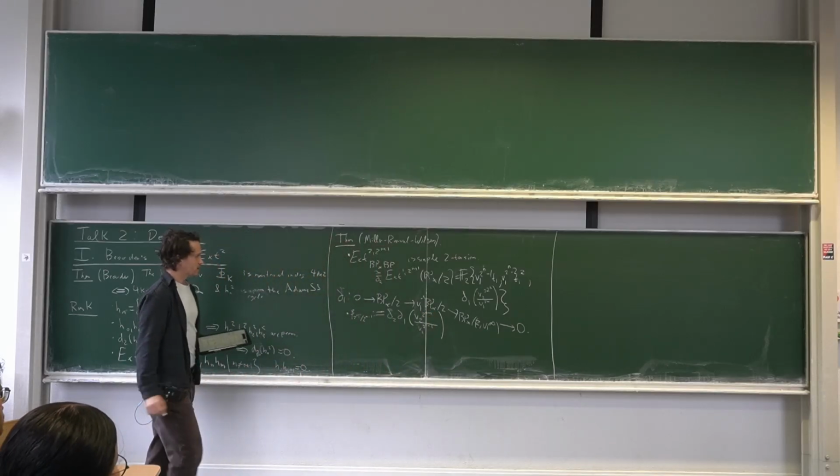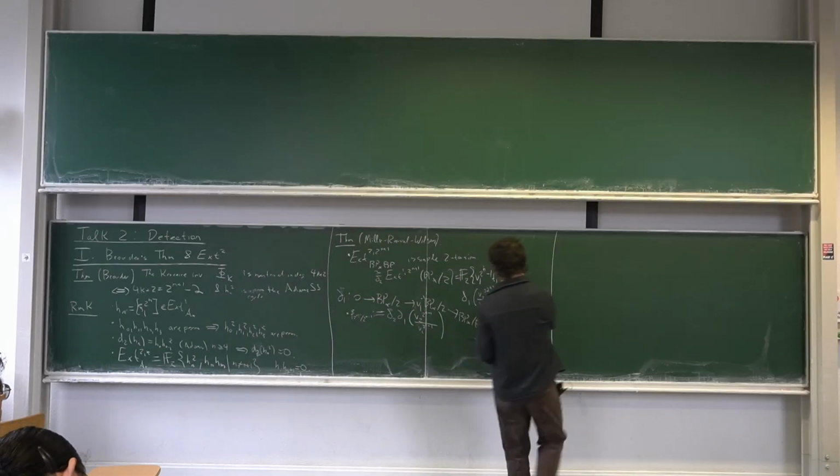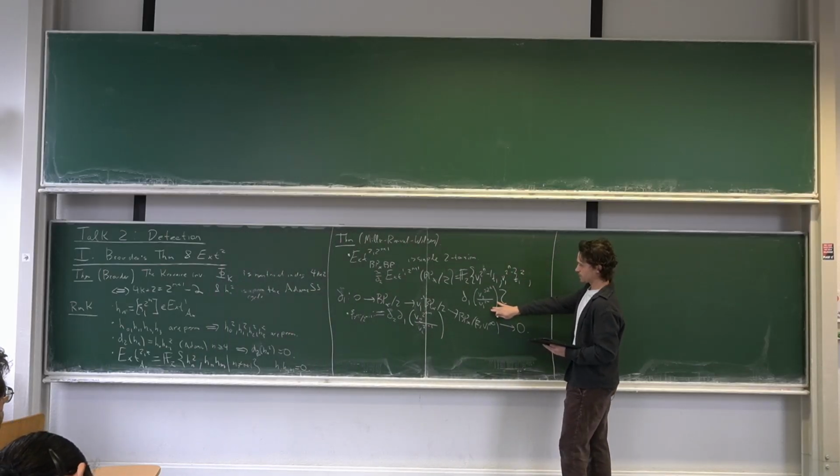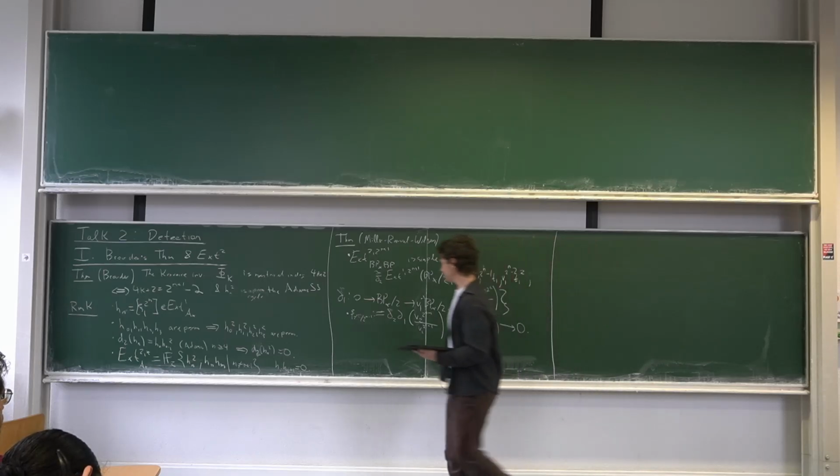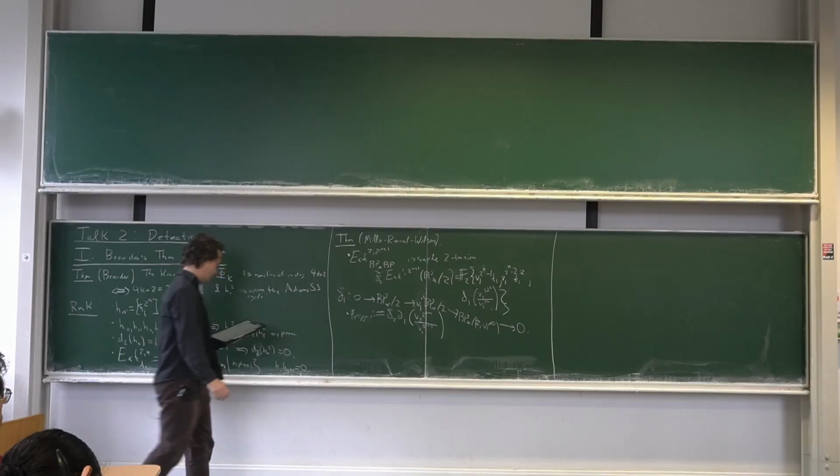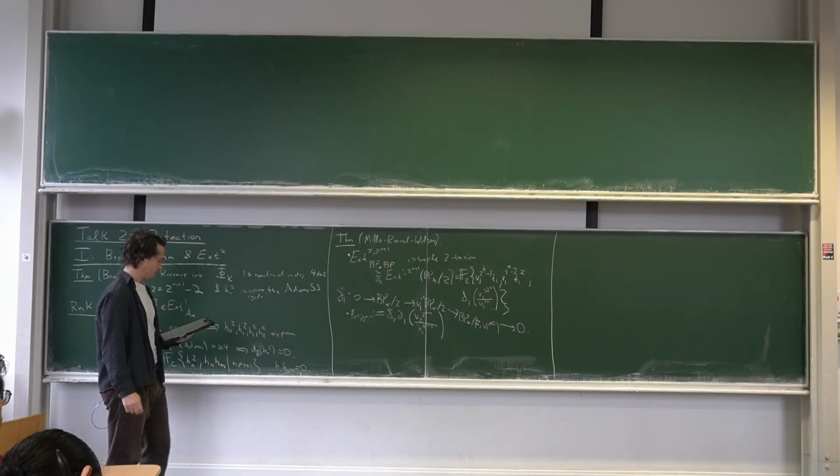So this is the basis vector I get when s is equal to 1. This is this class beta_{2^{n-1}/2^{n-1}}.